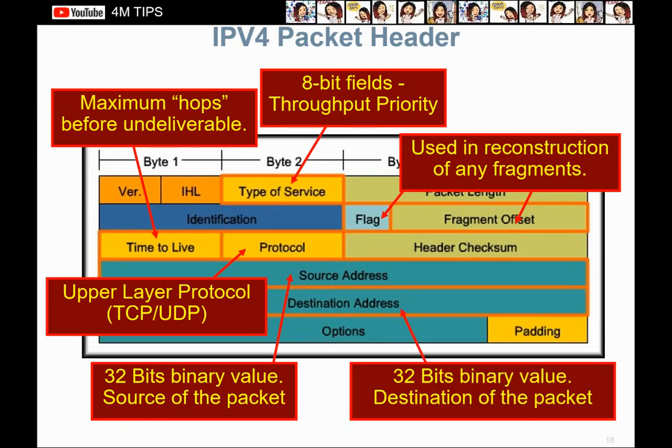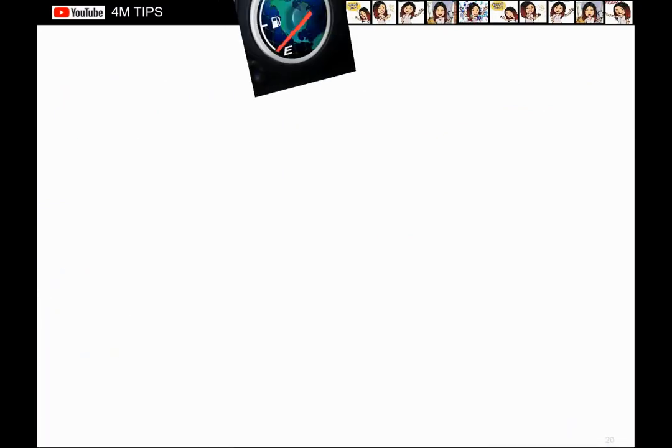And the destination address identifies where you should route the packets. This information stores 32 bits of the binary value for the destination of the packet.